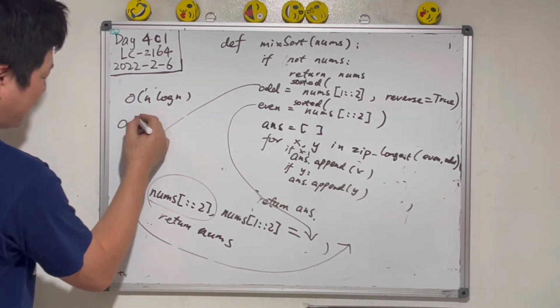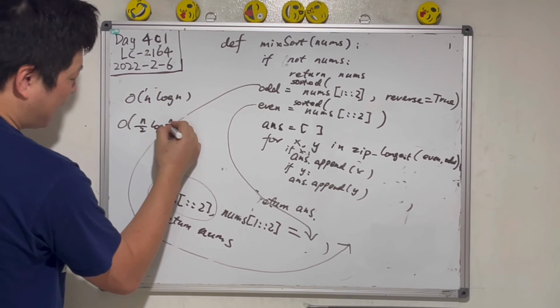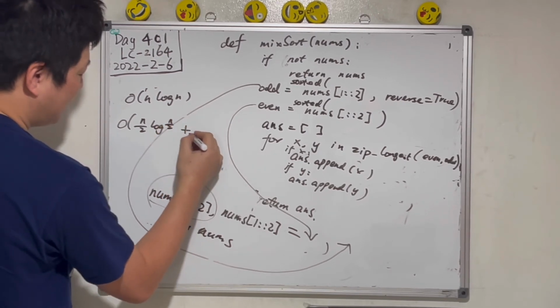Actually, we sort it twice. So it's O(n/2 log n/2) plus this.